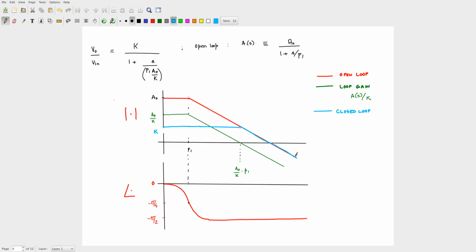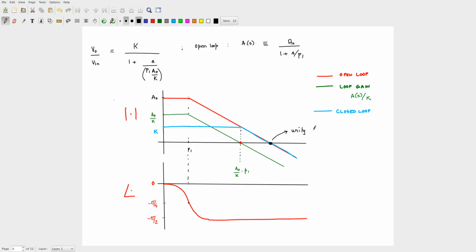Is that right? Okay, so now can you name all these quantities for me? What is this frequency called? I need this frequency, then I want that frequency. What are these names? This is called the unity gain frequency.